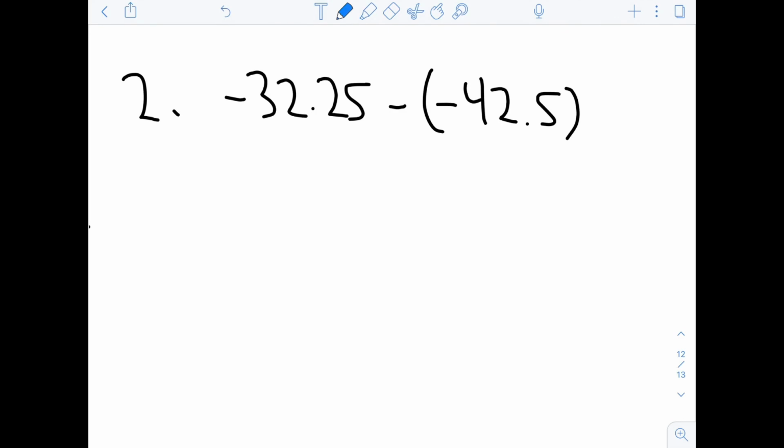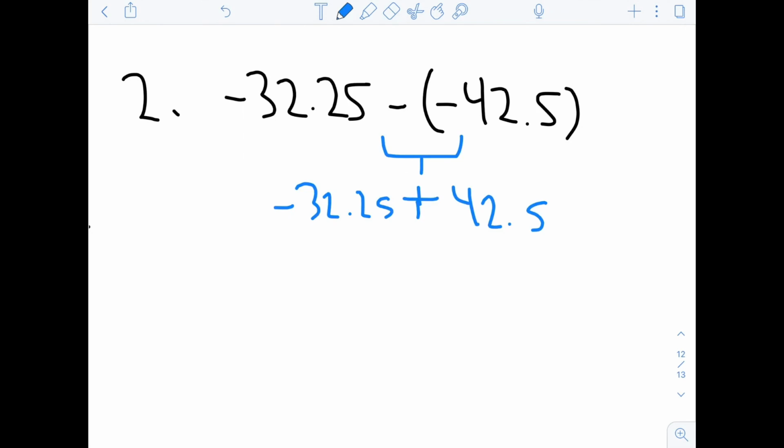So in this case, we have a double negative. So that's going to become a positive. Think of it as like if you're taking away debt, then that's a positive thing. So this is really negative 32.25 plus 42.5.